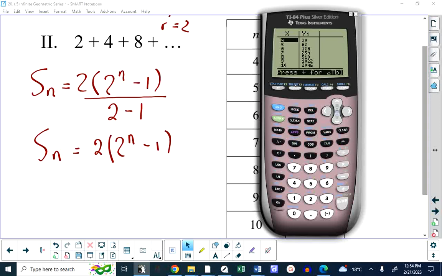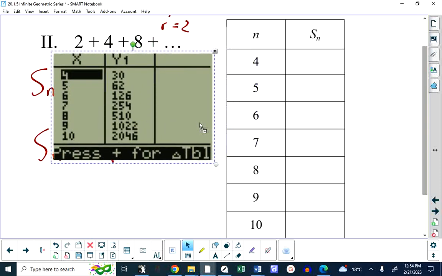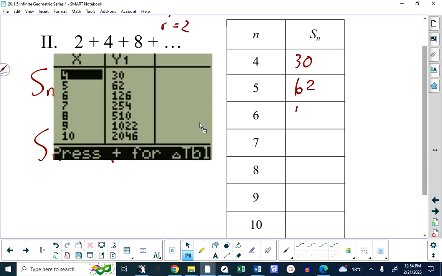My table is showing me all of the sums. So S4 is 30, then 62, 126, 254, 510, 1022, and 2046.